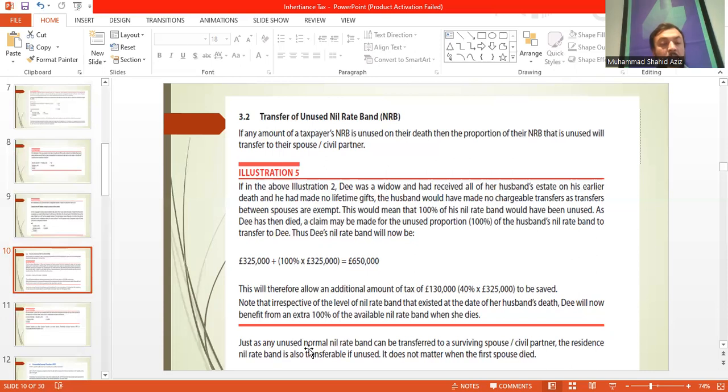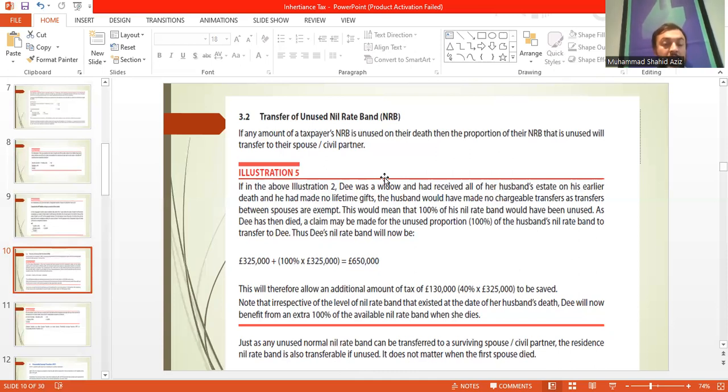Just as any unused normal nil rate band can be transferred to a surviving spouse or civil partner, the residence nil rate band is also transferable if unused. It does not matter when the first spouse died. So if in the exam you get an MCQ question that the nil rate band is transferable between spouses, yes.